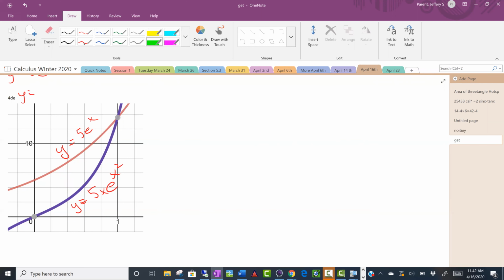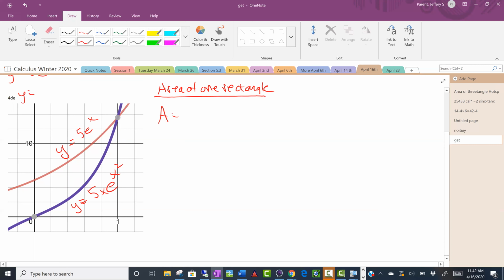And Calc 2 loves throwing these kinds of questions at us too, so this is good stuff. Yeah. All right. I'm not sure why this is disappearing, but I want to find the area of that one rectangle. Area of one rectangle. And it's gone again. I just don't know why it keeps on evaporating.